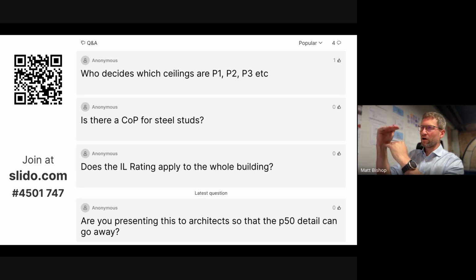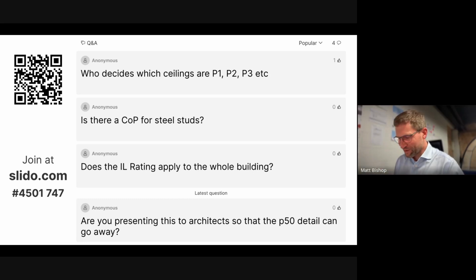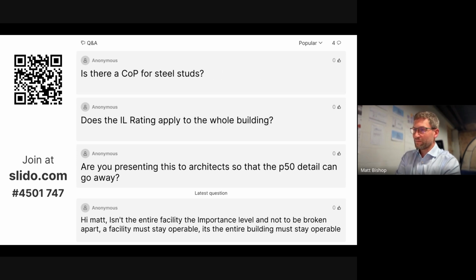How does the earthquake know that these floors are IL3 and this floor is IL4? It didn't make sense, but that's what got written into the contract documents. So the answer is sometimes. But the important thing here is that these parameters should be settled in the contract documents in the design specification, so everybody starts on the same page.